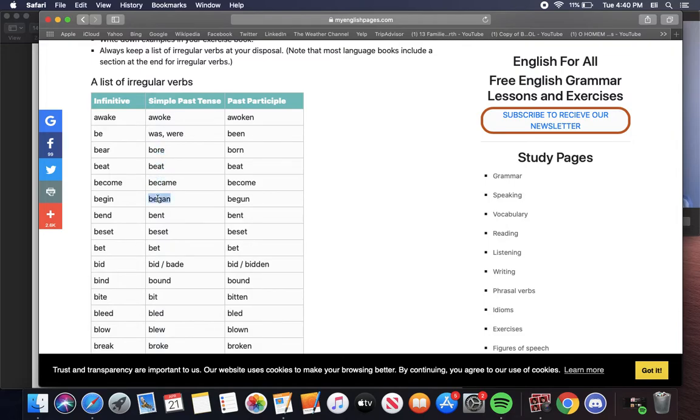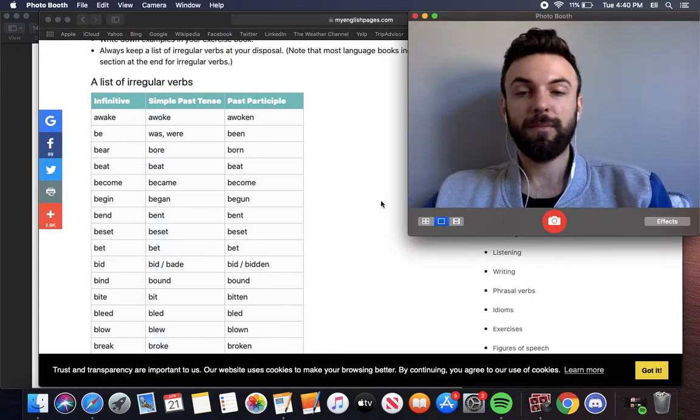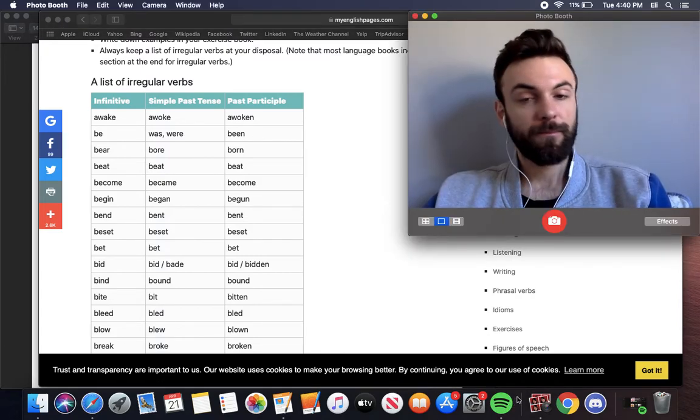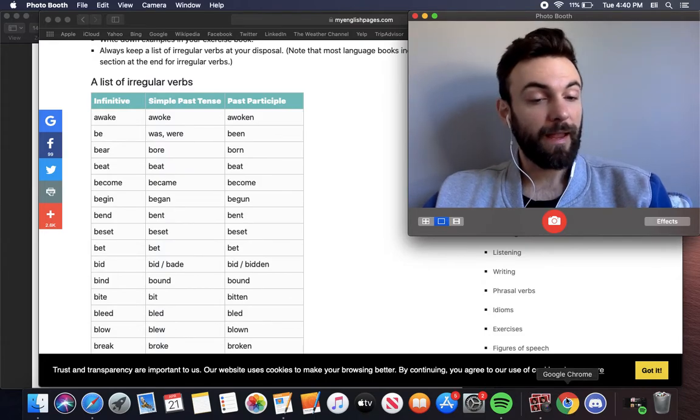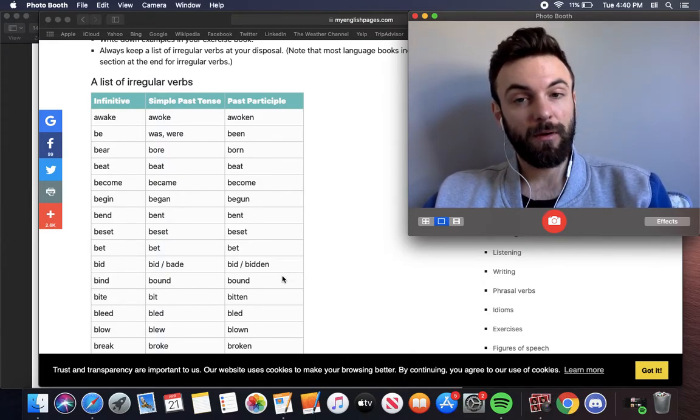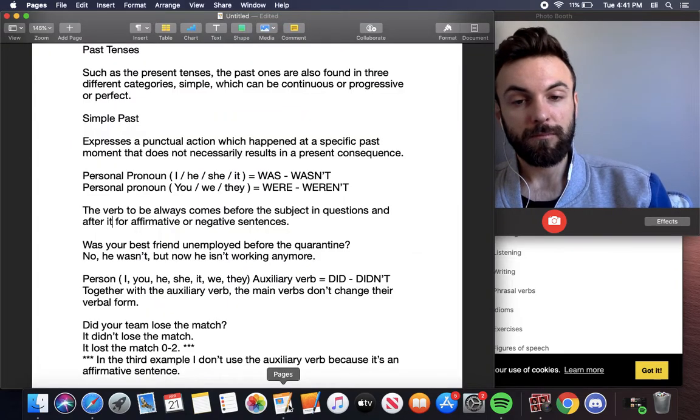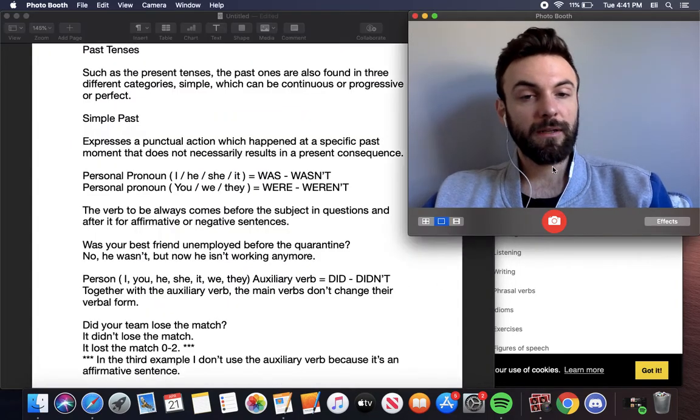And in the past participle, for all the perfect tenses, they're going to be either in this form here, or also with had, right? So had awoken, had been, had born, had beat, had become. We'll talk about these perfect forms a little later.